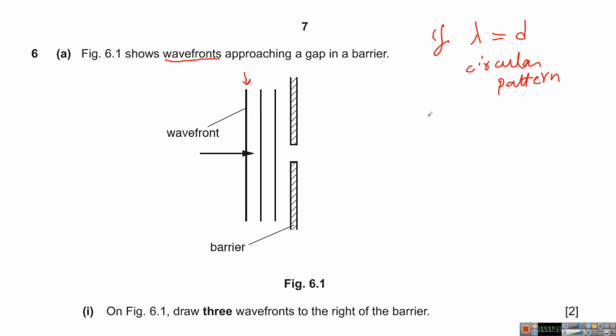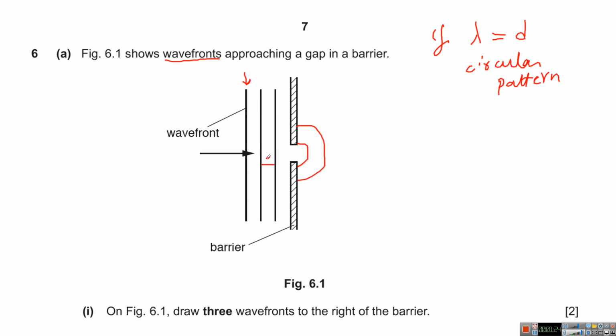So for this, let's draw a circular pattern. I hope I can make some shapes, lines. Okay, we don't have the shapes. Okay, let's stick to the scribbling. So the question says, draw three wavefronts to the right of the barrier. So I'm just going to draw a circular wave pattern. Now remember to maintain the wavelength distance, this gap, right?